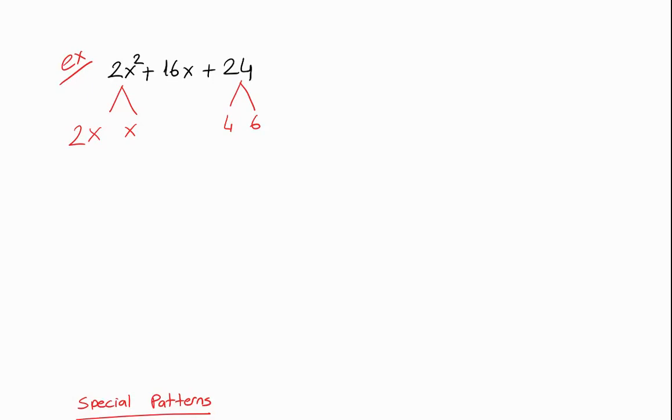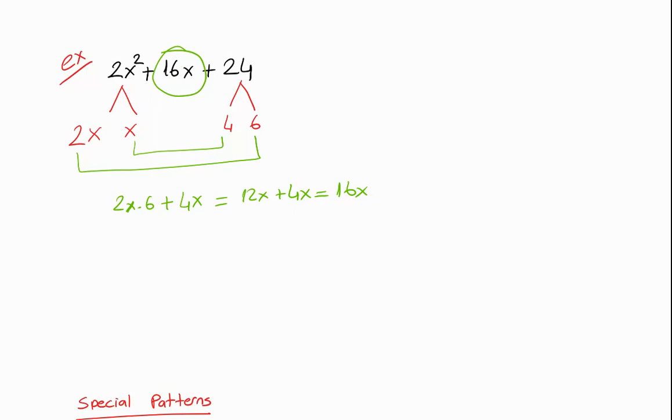So this and this: 2x multiplied by 6 plus 4x equals 12x plus 4x, which is equal to 16x in the middle.